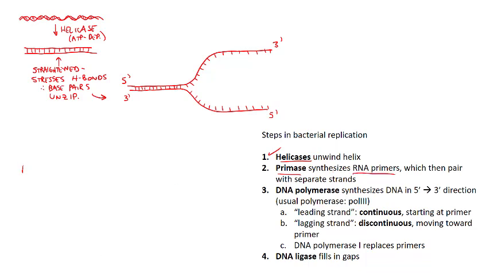A primer is simply a short segment of RNA in this case, although you can also have DNA primers in different situations, but in replication it's an RNA molecule that is complementary to the DNA being copied.